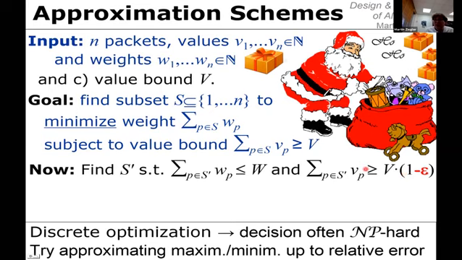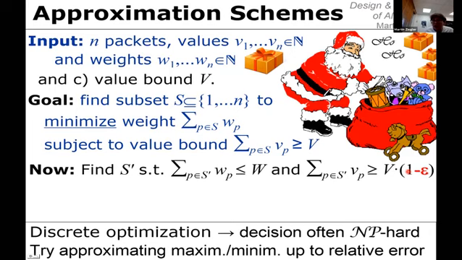So here we want to maximize the value, and approximating the maximum means to be satisfied with a little bit less than the maximum, and a little bit less here means by a factor a little bit smaller than 1. A little bit smaller than 1 means 1 minus epsilon for some appropriate constant epsilon that we will talk about later.